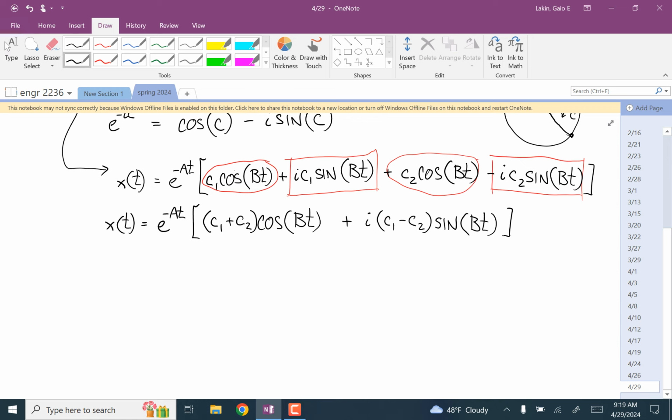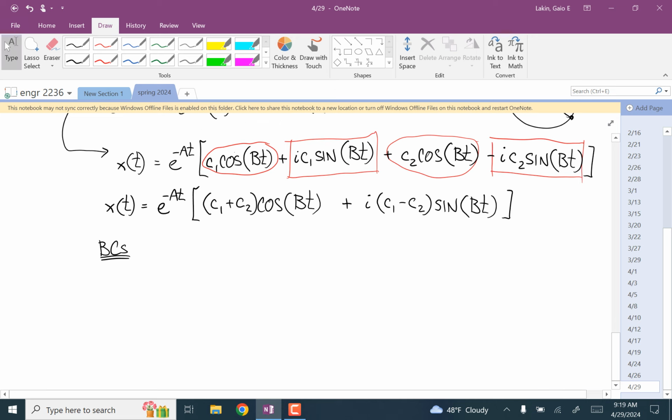And now we're going to go to the boundary conditions. So the boundary conditions say two things, that when t is equal to 0, x is equal to L. These are the same boundary conditions we've used in every case. And when t is equal to 0, x dot is equal to 0.